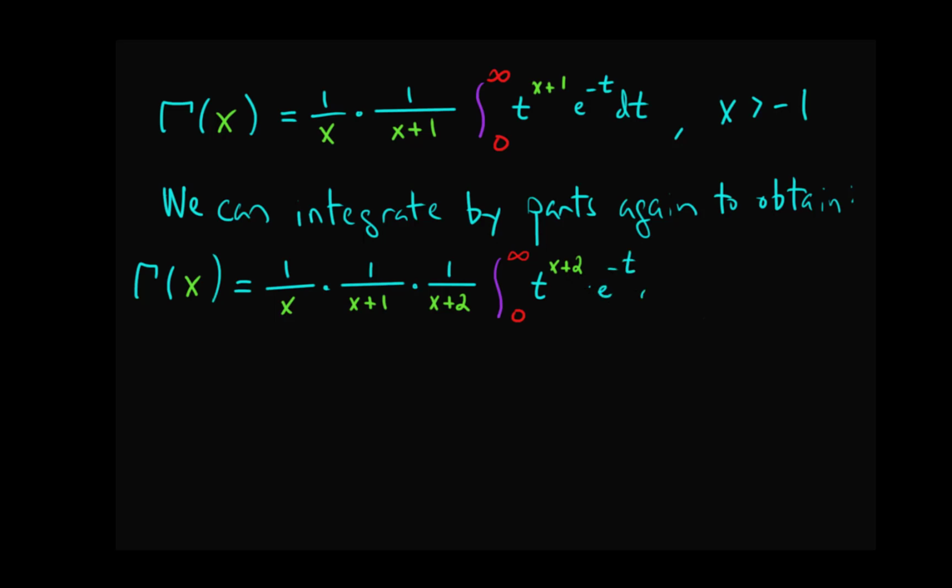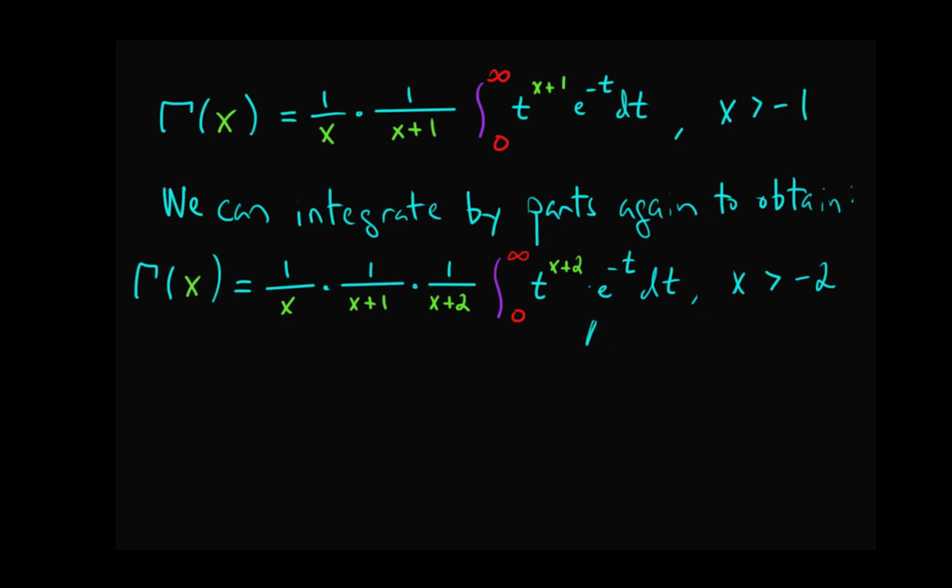And crucially, that expression will be valid for all x greater than negative 2. And this expression further shows that gamma of x diverges at x equals 0, x equals negative 1, and x equals negative 2.